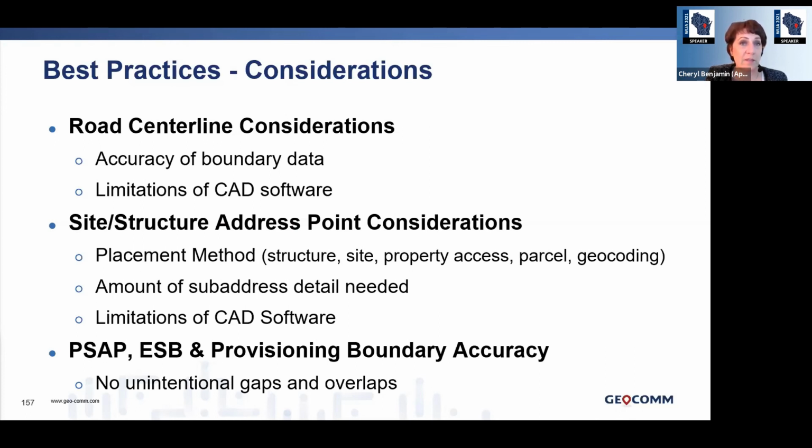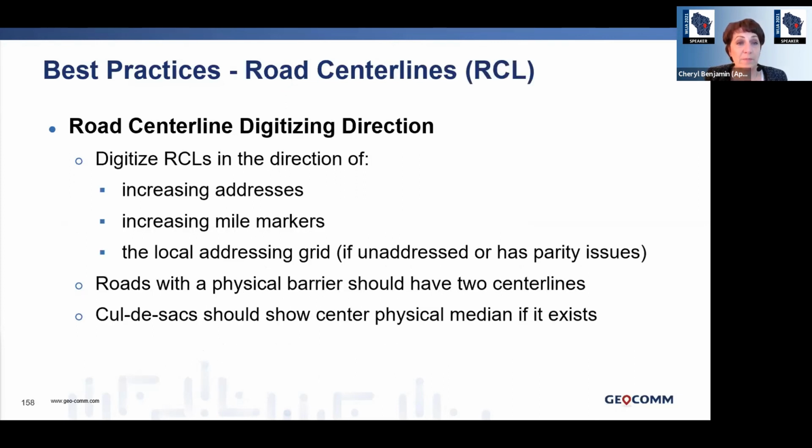So work with your adjacent entities and your states to make sure that those boundaries are agreed upon, and that will help avoid any unintentional gaps or overlaps. And again, these are just best practices, our recommendations. They're not the requirements.